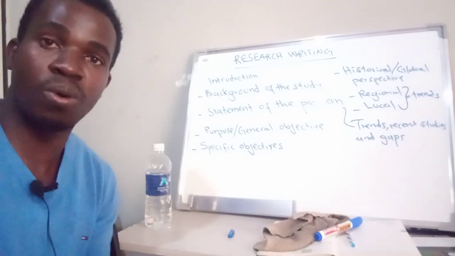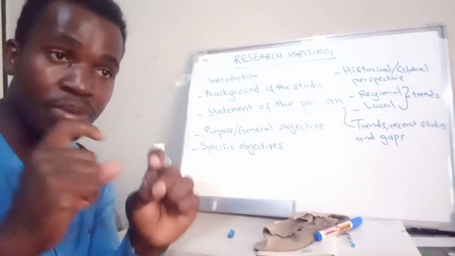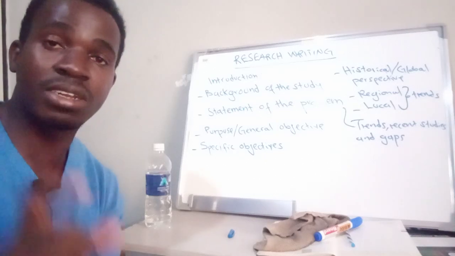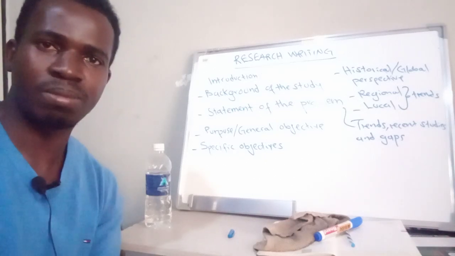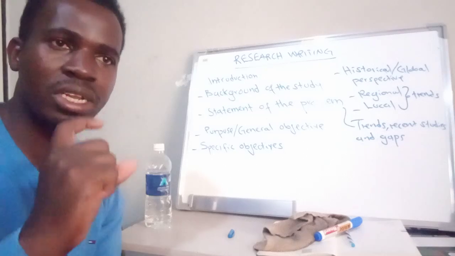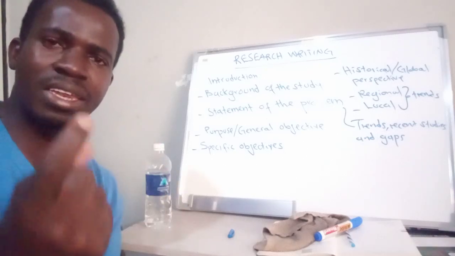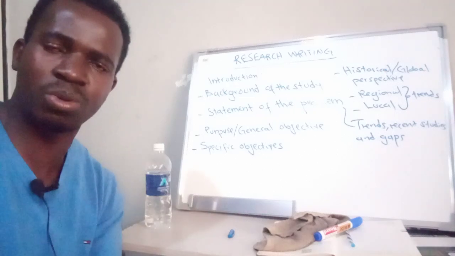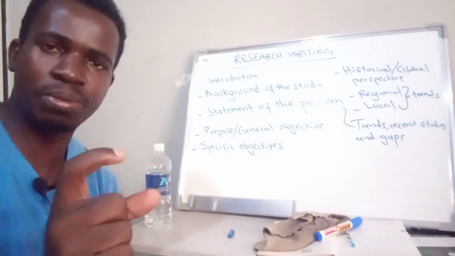Basically, you are now targeting a specific site that you have identified to say, I've seen there's a problem here. Now, what exactly is the problem? Again, it is taking you back to the trends within that locality to say, this is what has been happening.